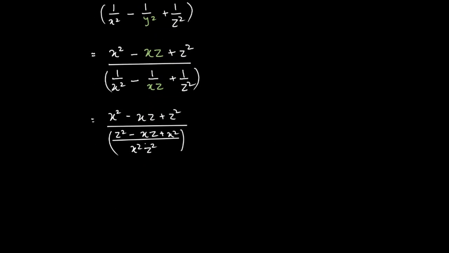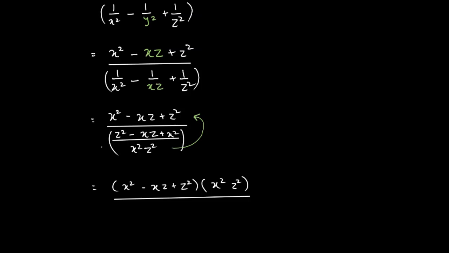Now let's move the terms around. The denominator of the denominator will move to the top. Rearranging the terms, this is (x² − xz + z²) into x²z², divided by (z² − xz + x²), which can be rearranged into x² − xz + z² as well.